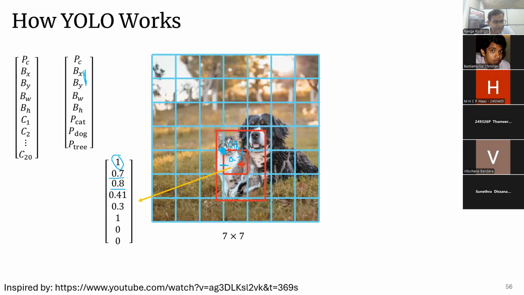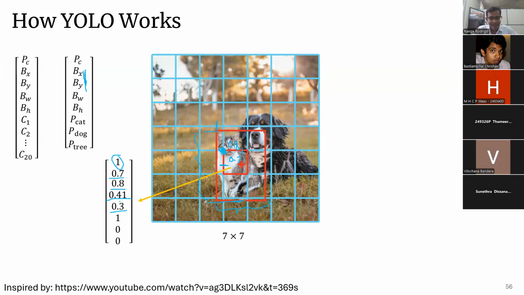Now I have to give the size of the bounding box. This is the height, which you can say is about 40% of the image, that is why it's 0.41. This width is about 30% of the image, that's why 0.3. I just put these numbers, but you can see that they sort of make sense.